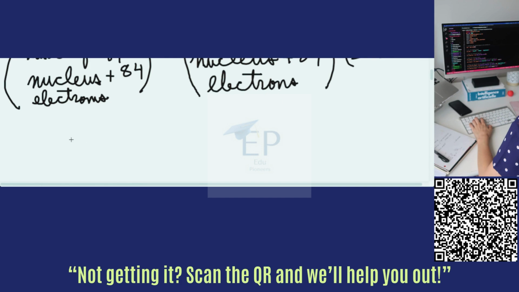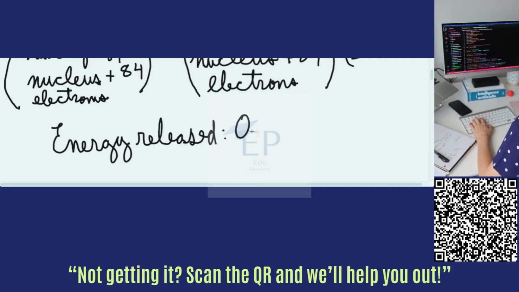Putting in the numbers for this, we find that the energy released in this beta negative decay of polonium 218 is 0.2590.